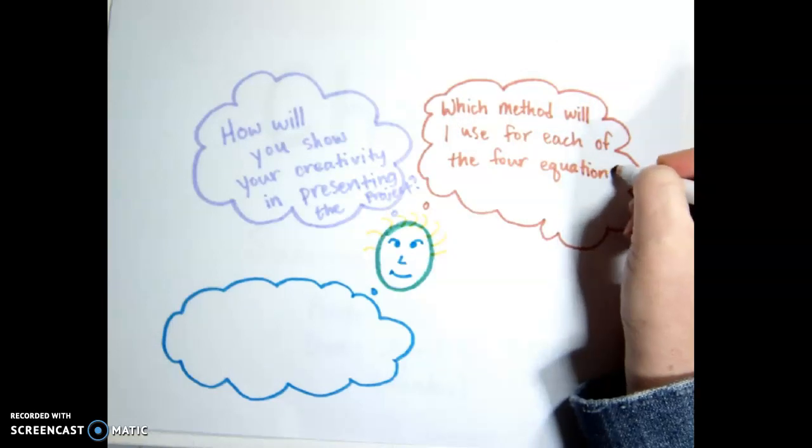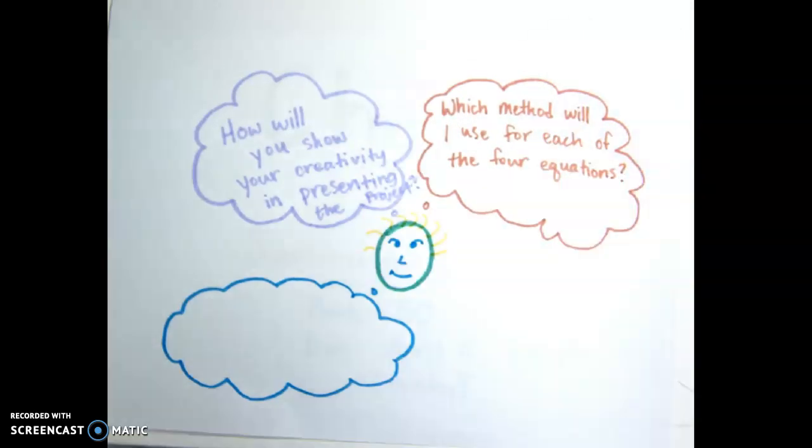There are 4 methods and 4 equations. You're only allowed to use each method once. Some of the methods work for all of the equations. Some of the methods work for only some of the equations. So you have to decide which method you're going to use for each of the 4 equations.